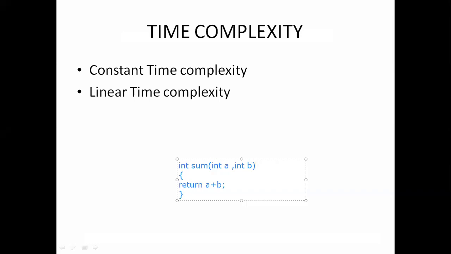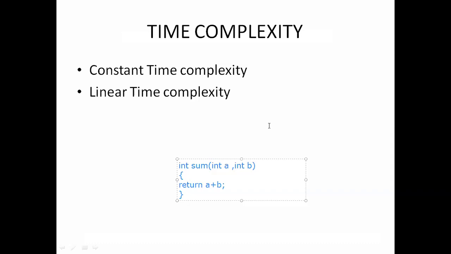Then coming to the linear time complexity. Here the input values are increasing, then the time complexity will change. So if the input values are increasing, the time complexity will change. So for this we are choosing linear time complexity.